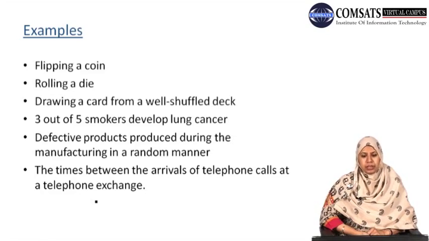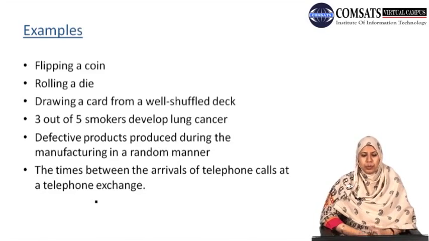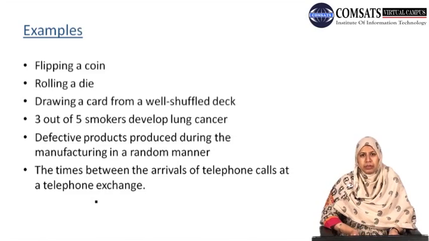The times between the arrivals of telephone calls at a telephone exchange. Again, this is an example of a random experiment. We cannot say with certainty what will be the time between two telephone calls at a telephone exchange. We know the set of possible outcomes, that at a telephone exchange a call may come at any time, but what will be the difference between the two calls, we cannot say.